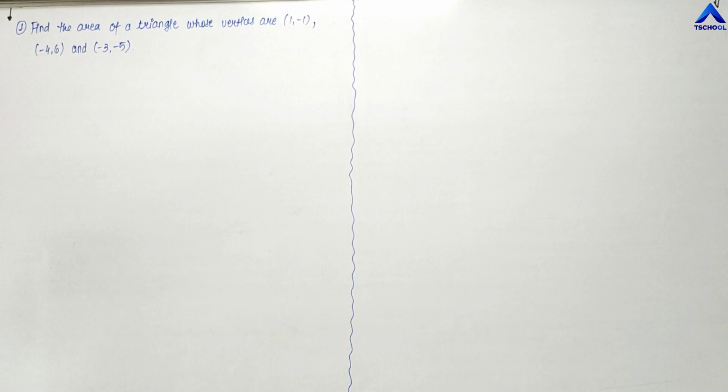So this is the question given. Find the area of the triangle whose vertices are given to us, right?